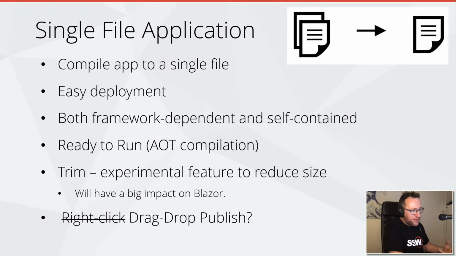Where the huge impact of this applies is on Blazor, where you're having to ship a .NET with your application to run inside the browser, inside WebAssembly. Tree shaking it down and trimming it will mean your initial download of your Blazor app will be much quicker. And finally, potential opportunity for single file applications is the much maligned right-click publish could become drag-drop publish.